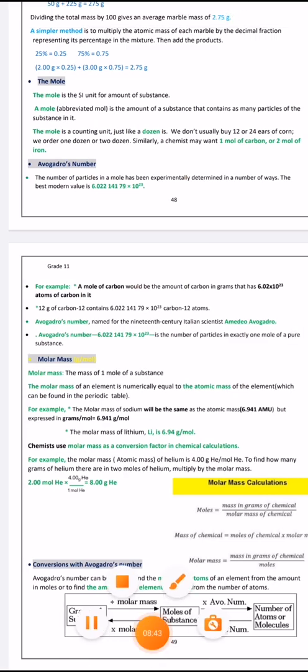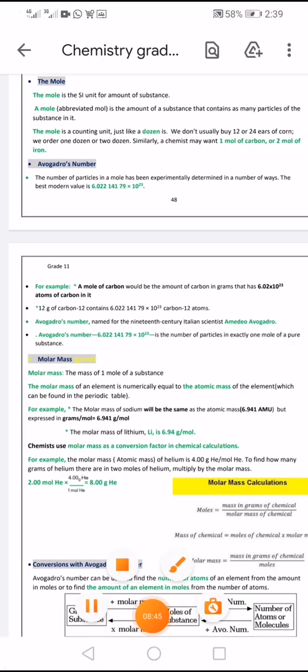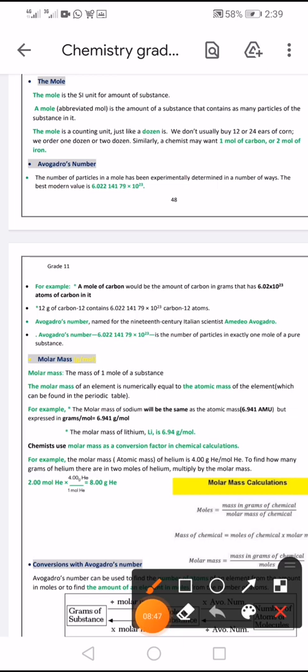Chemists use molar mass as a conversion factor in chemical calculations. For example, the molar mass, which is the atomic mass of helium, is 4 grams. So we have 4 grams of helium per mole, as 1 mole of helium contains 4 grams.